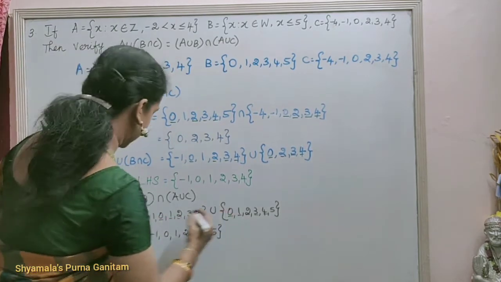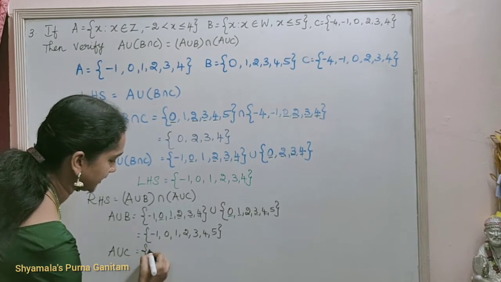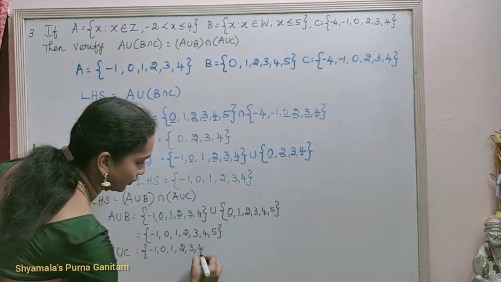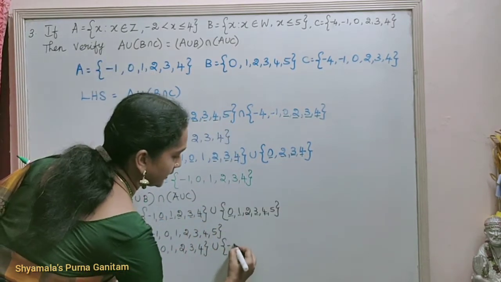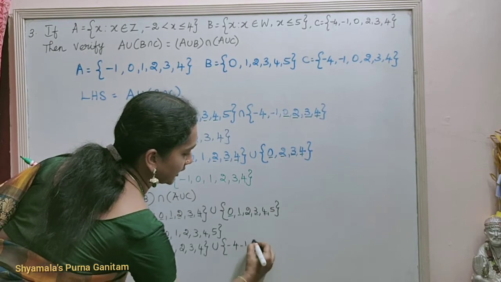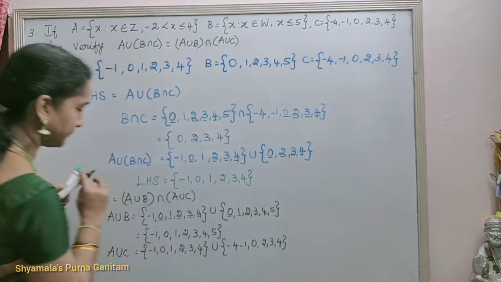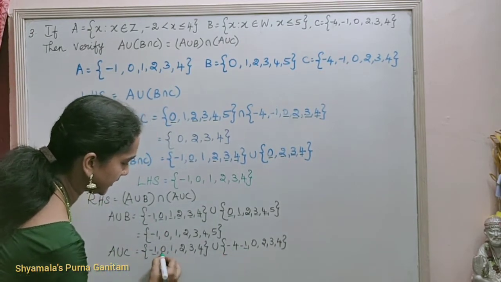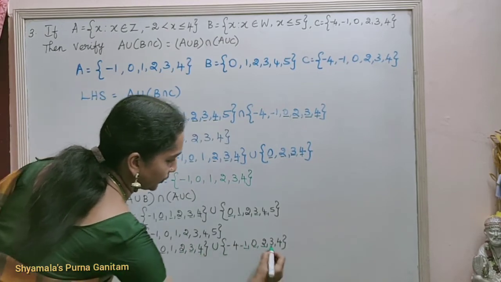Then A union C. Elements of A are minus 1, 0, 1, 2, 3, 4. Union elements of C, which are minus 4, minus 1, 0, 2, 3, 4. So the common elements are minus 1, 0, 2, 3 and 4.